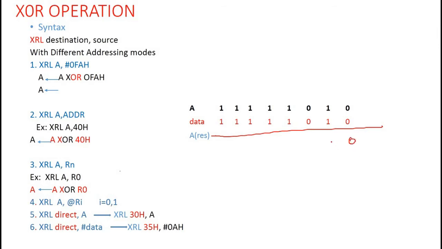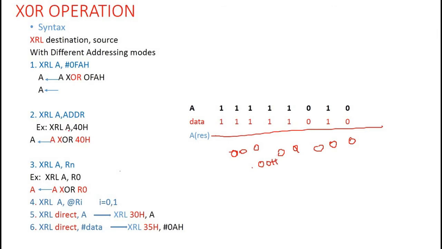Here also both the inputs are the same, so it is 0, 0, 0, 0, 0, 0, 0. Correct? So the answer is 00H. Correct? So now we will see one more example.